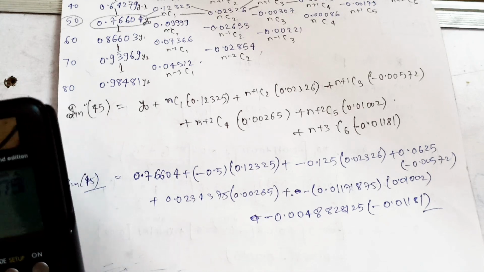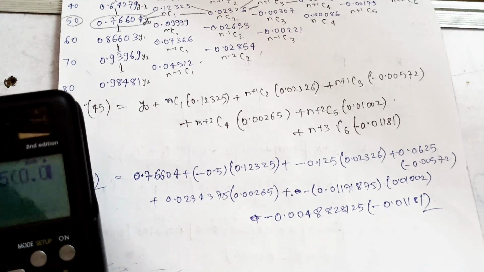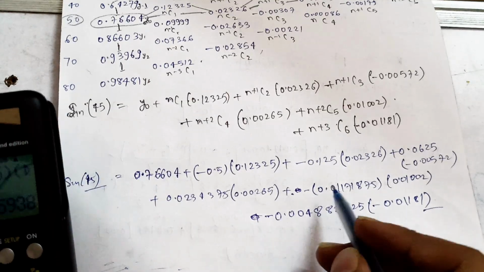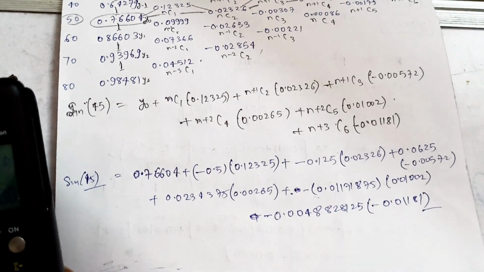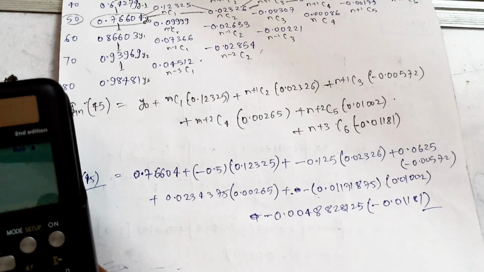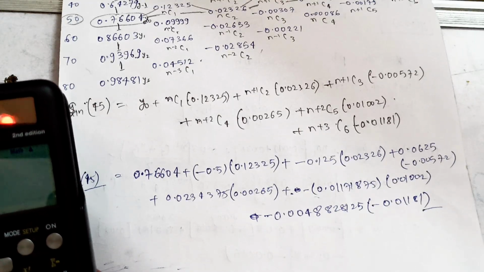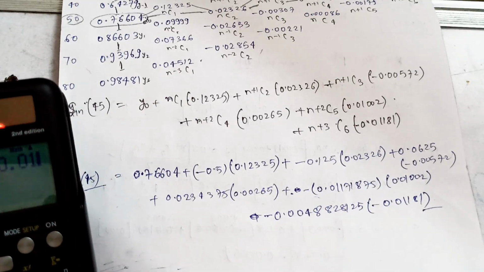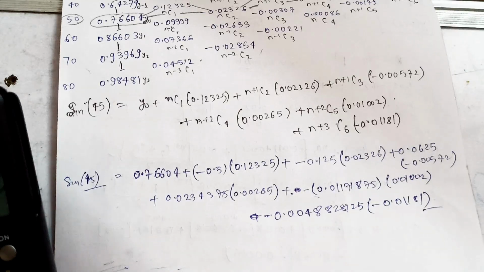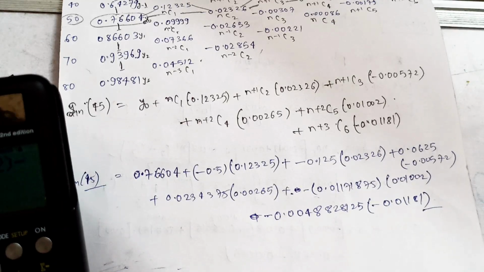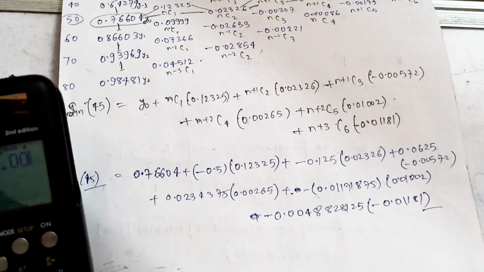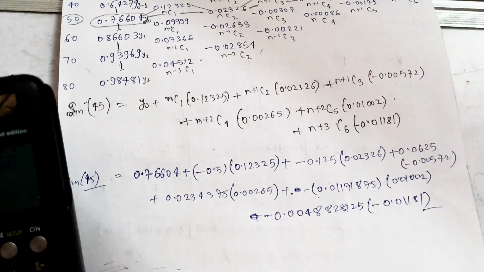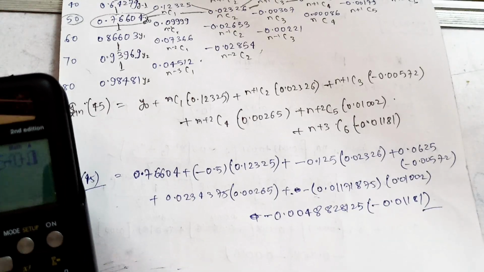then here we have that add with 0.0234375 multiplied with 0.00265, and then we have minus 0.011711875 multiplied with 0.01002, and then again we get subtraction with 0.004882825 multiplied with minus 0.01181.